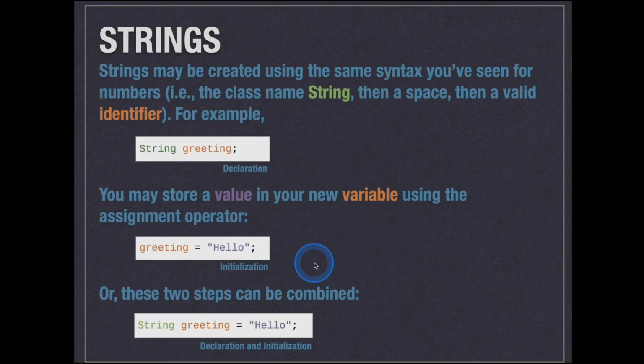All right, strings are a bit of a special case, I guess. We do a lot of stuff with text. It's an important part of writing programs. And they're a special case because they're based on a class, not on what's called a primitive data type like int or double.